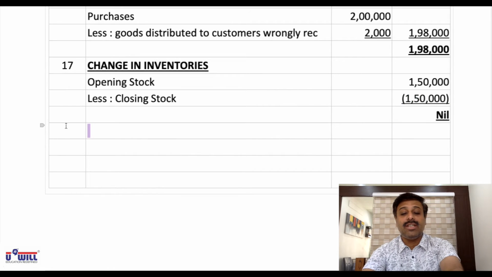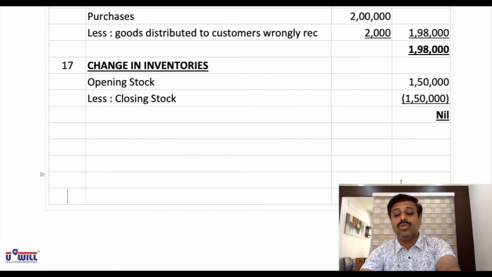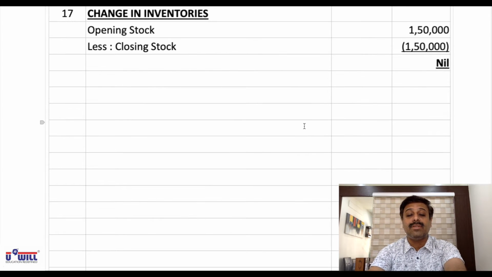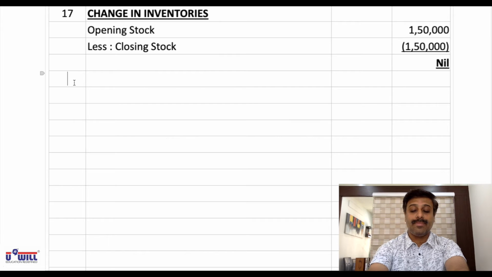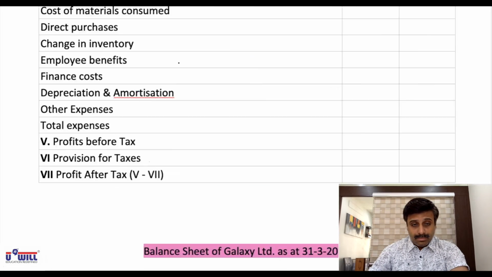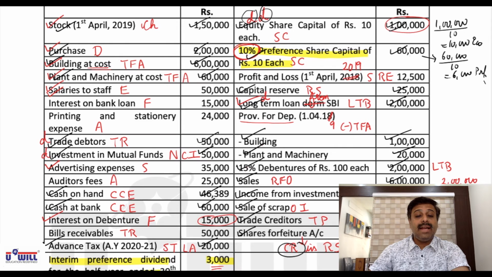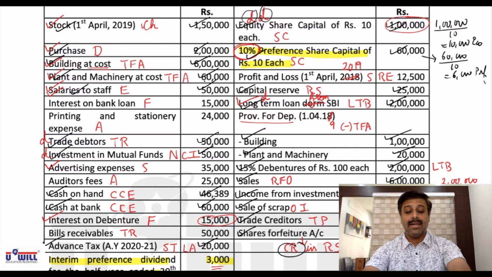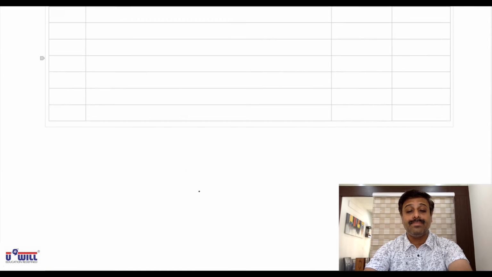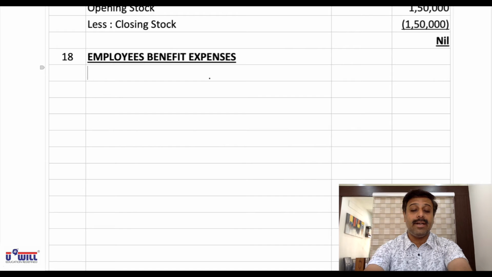Then after change in inventories, the next note will be employee benefit expenses. Okay, key marked items. So 18th note, employee benefit expenses. In that we have salaries to staff, and there are 2 ticks, means there are 2 adjustments related to that. So salaries to staff 50,000 you write in the inner column.